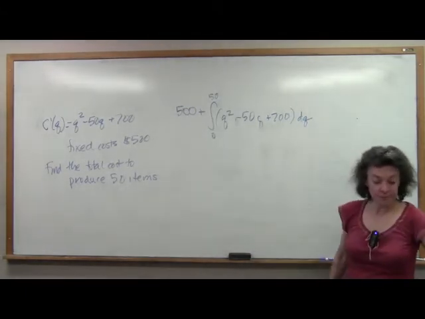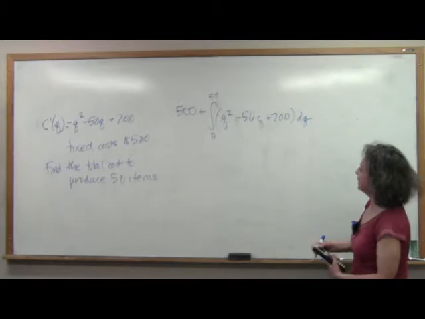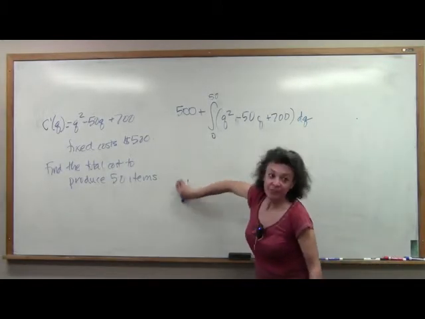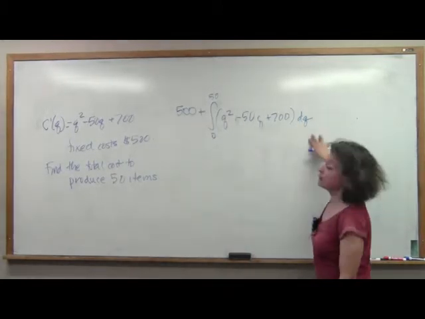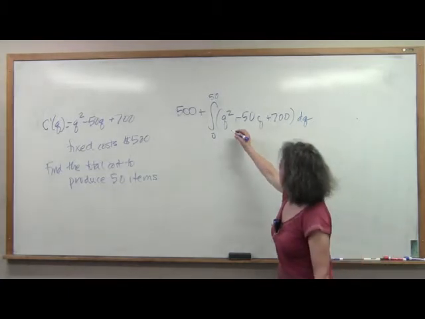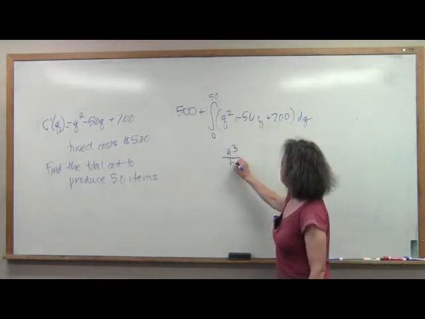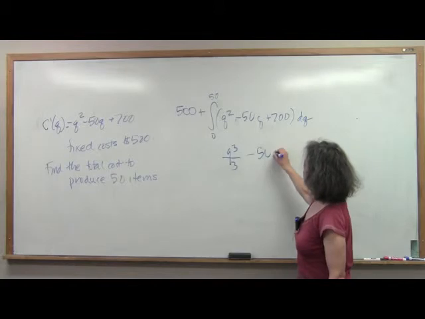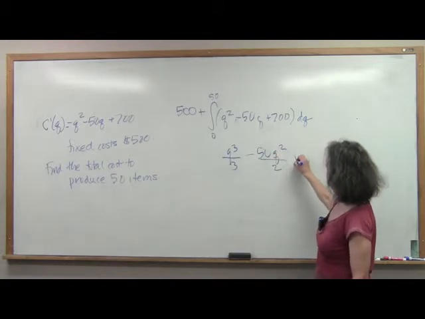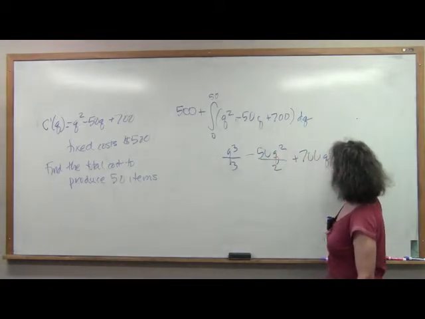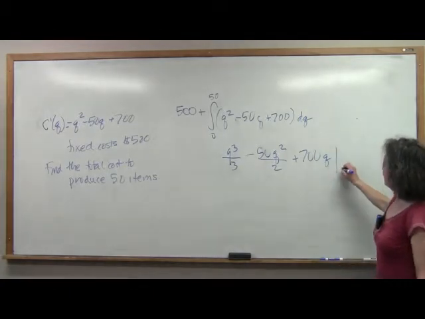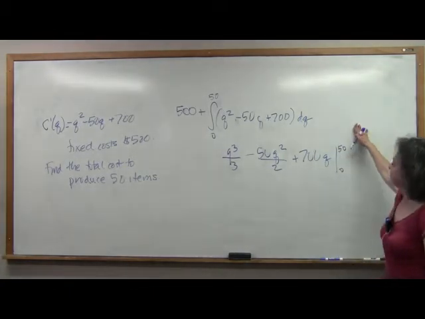Is that something we can compute? You bet, okay? I'm going to bring this 500 down at the end. Right now what I'm going to do is focus on my integral. So we get Q cubed over 3 minus 50Q squared over 2 plus 700Q. And we'll evaluate that from 0 to 50.